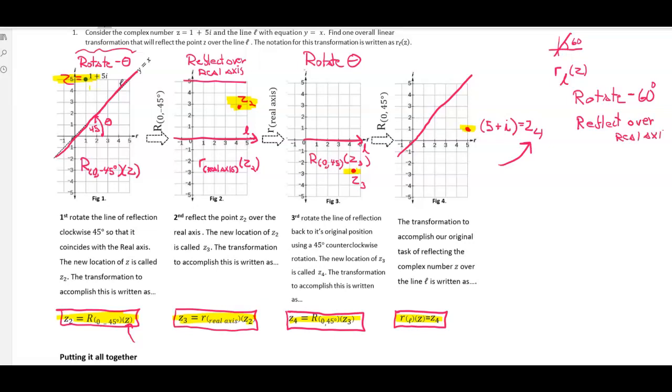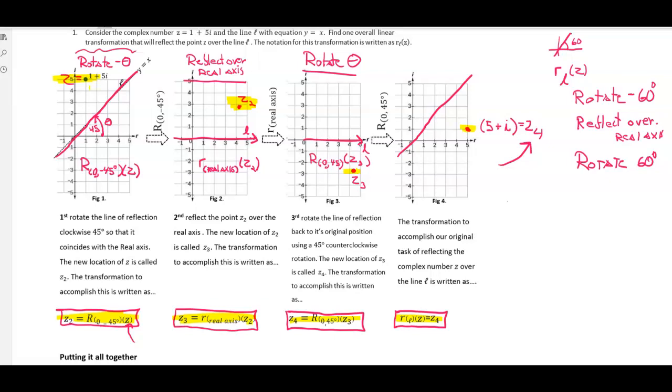Third, rotate it positive 60 degrees. And that's how you would accomplish it.